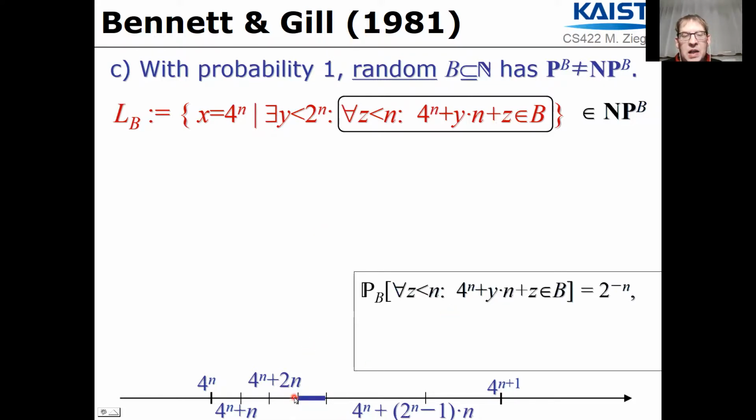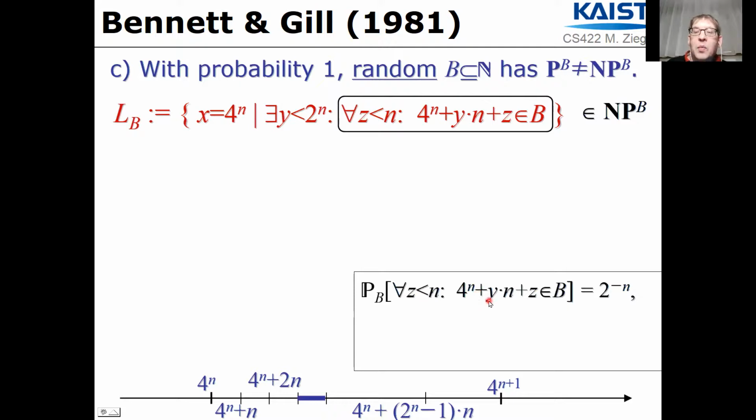And the next element in that interval also 50-50, and so on. So for all n of them to be present, since the random process is independent, the probability is 2 to the minus n, right?